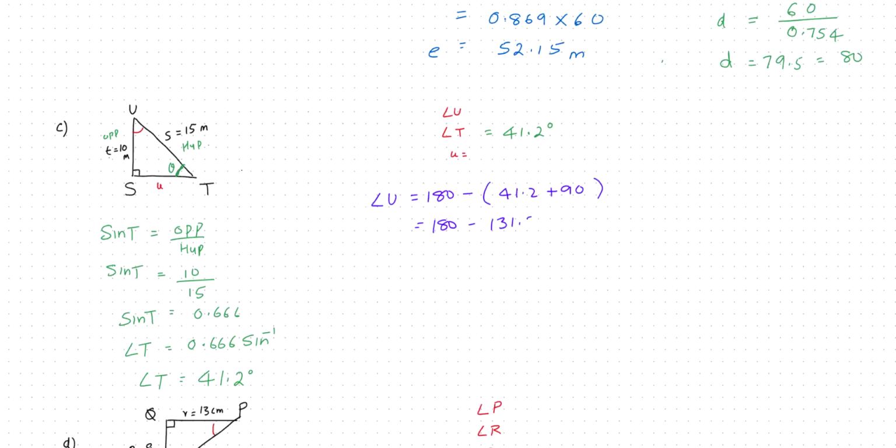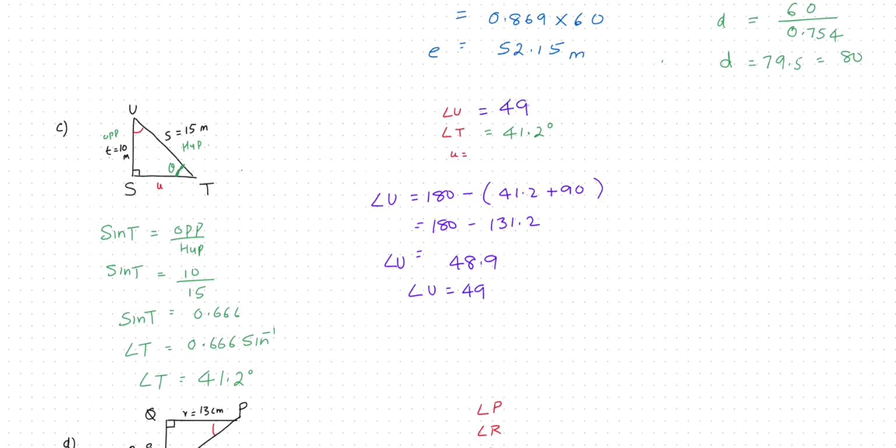And we subtract this. So angle U equals 48.8, rounded to 49. So angle U equals 49 degrees.